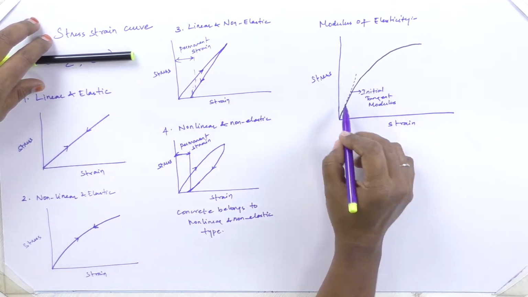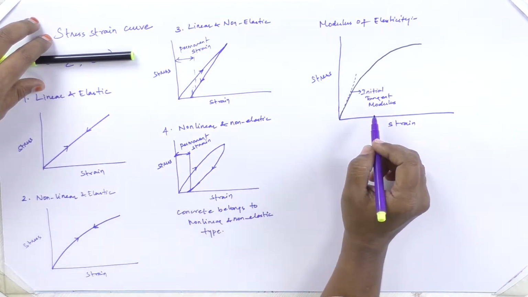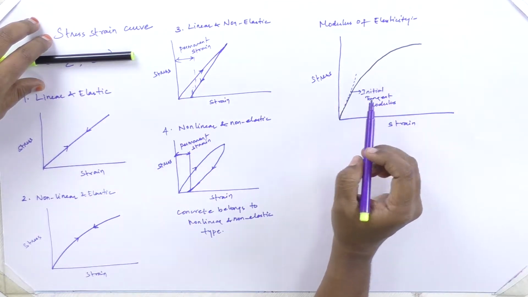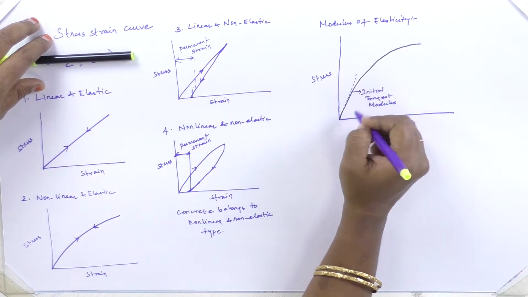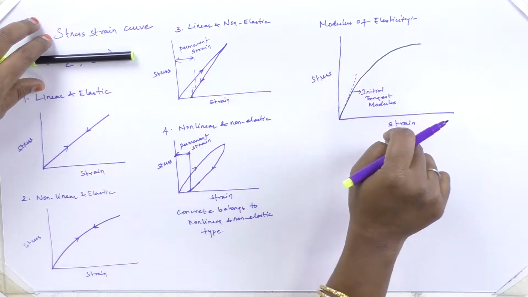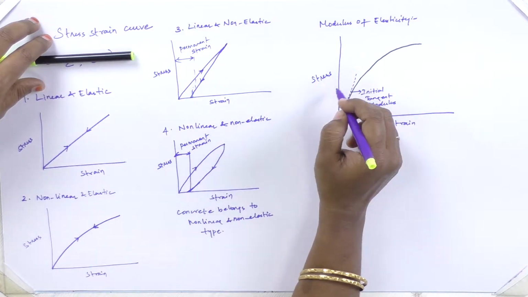But this initial tangent modulus will not give the exact modulus of elasticity of the concrete, since it gives the value only for low stress levels.